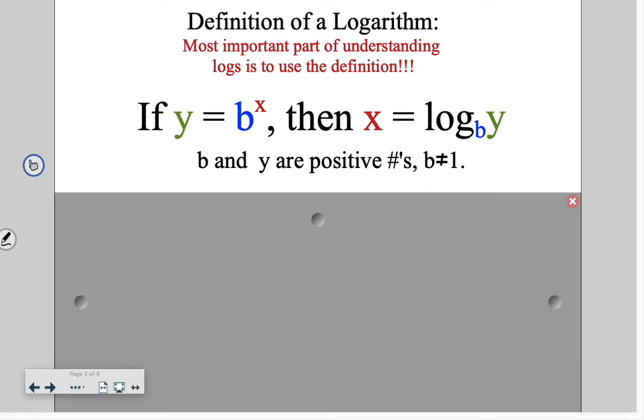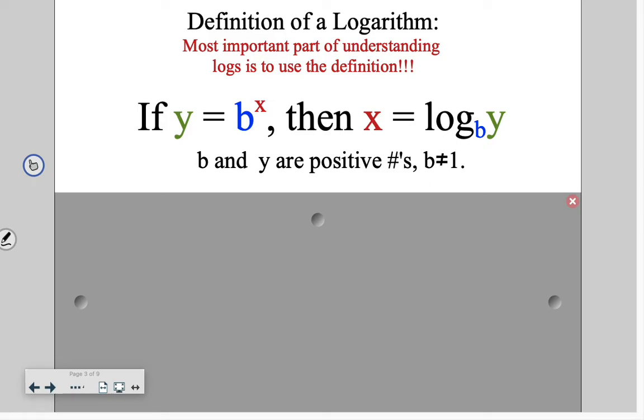Okay? Notice there is a couple of things that go along with this. Both b and y are positive numbers, and b cannot equal 1. That's basically coming from the exponential side of things. You have to start with a positive base, okay? And part of the reason why y ends up being positive is if you've got a base that's starting off positive and then it's growing exponentially or even decaying, you're going to end up with a positive answer regardless. If you start with something positive, you end with something positive.